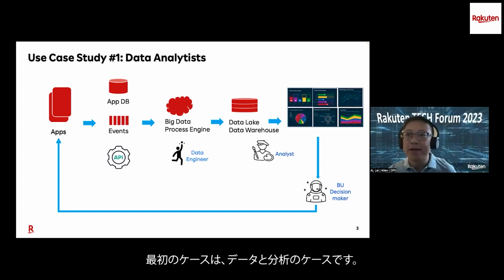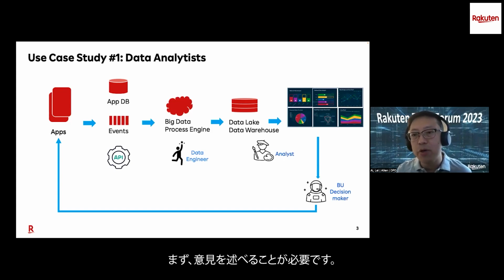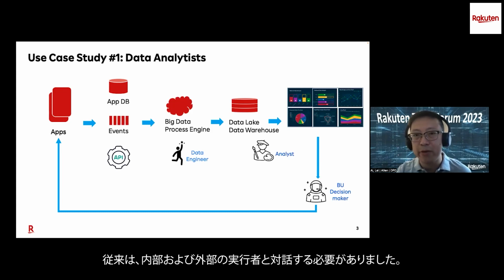Imagine yourself as a business owner for a Rakuten BU, for example, you own a business like Rakuten Ichiba or Rakuten Point. How do you measure whether your business is performing well or badly, or which perspective you want to improve?